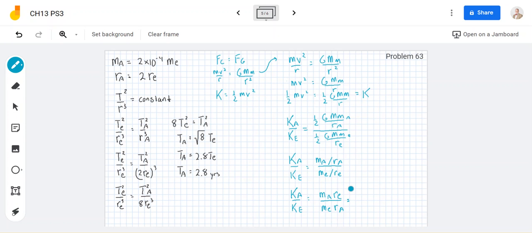And so, what it tells me here is that the mass of the asteroid is 2 times 10 to the negative 4 times the mass of the Earth.